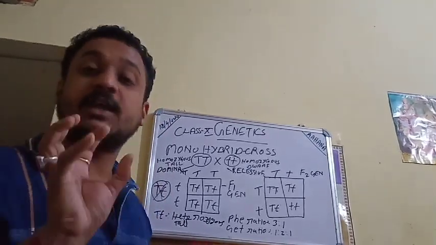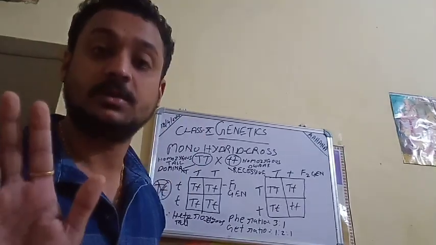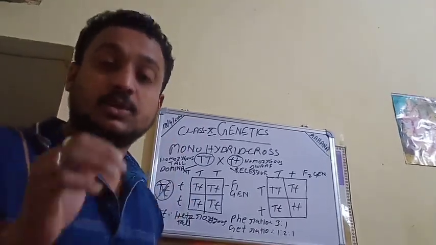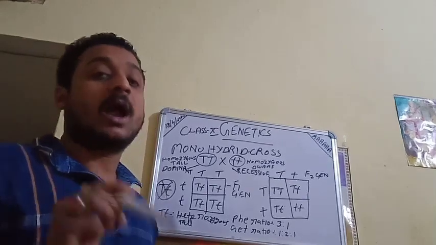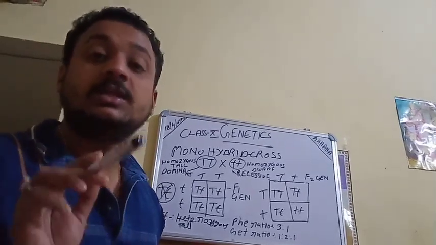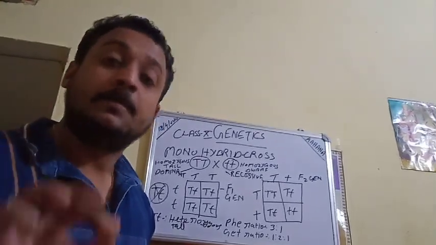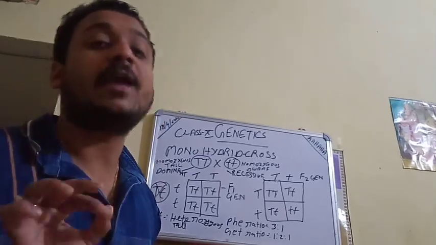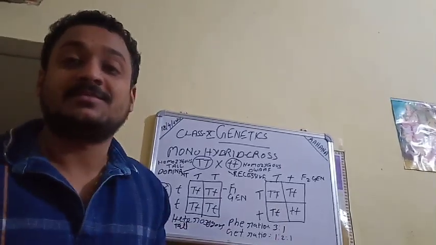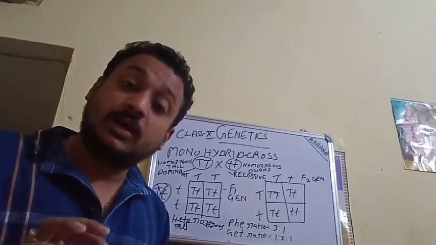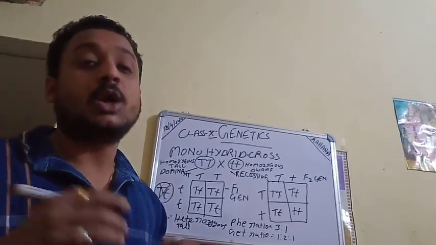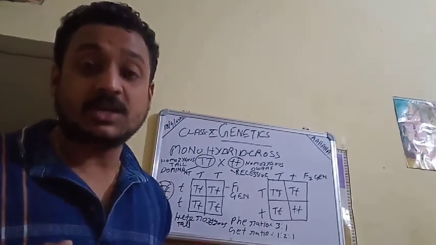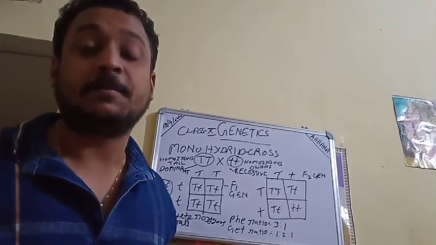According to the law of segregation, the genes stay together, but at the time of formation of gametes, the genes will separate. Segregation means separation. The genes will stay together, but when the gamete starts to form, the genes will be separated.